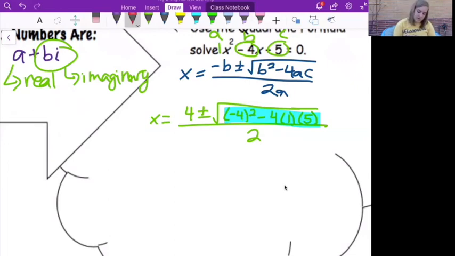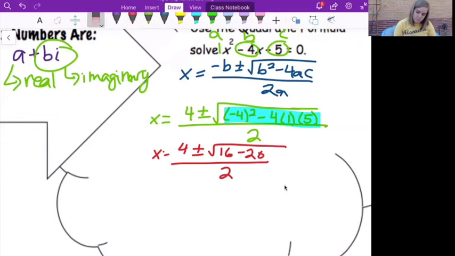So this would be x equals 4 plus or minus the square root of 16 minus 20 all over 2. And so then this would give us 4 plus or minus the square root of negative 4 all over 2.